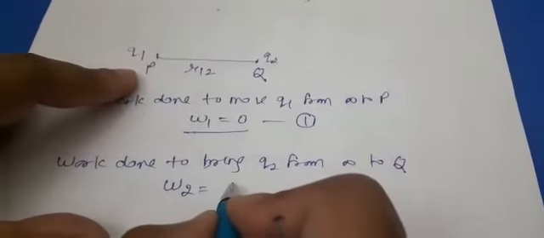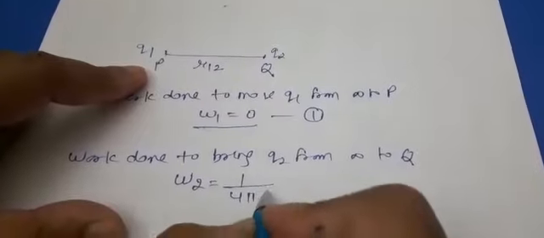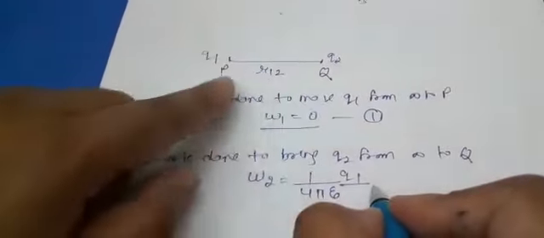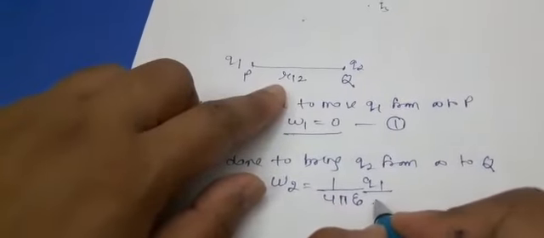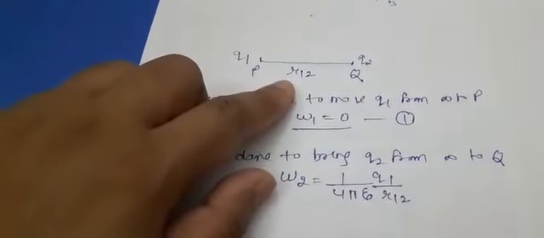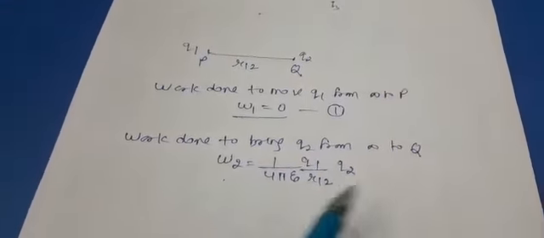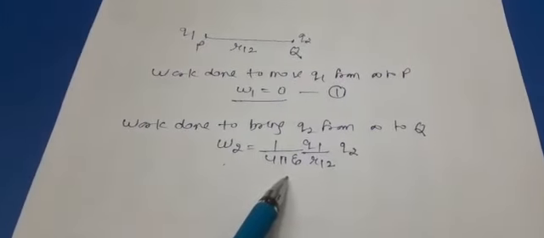So you can write it as 1 by 4 pi epsilon naught Q1 by R12, which I have taken as the separation distance, into Q2, the charge that has to be brought. So the work done will be charge multiplied by potential of Q1.